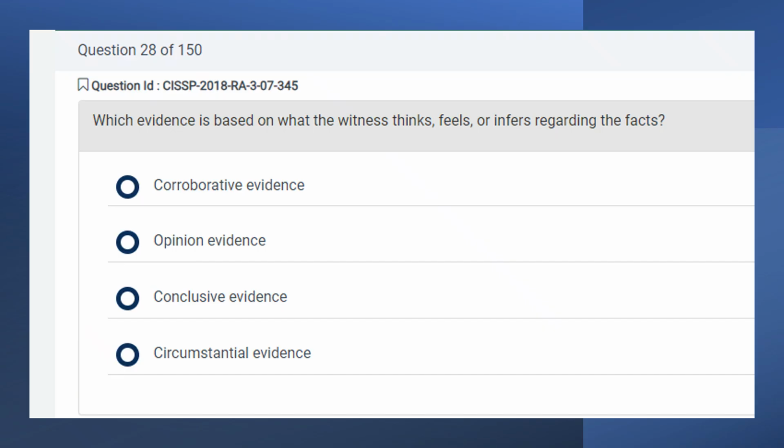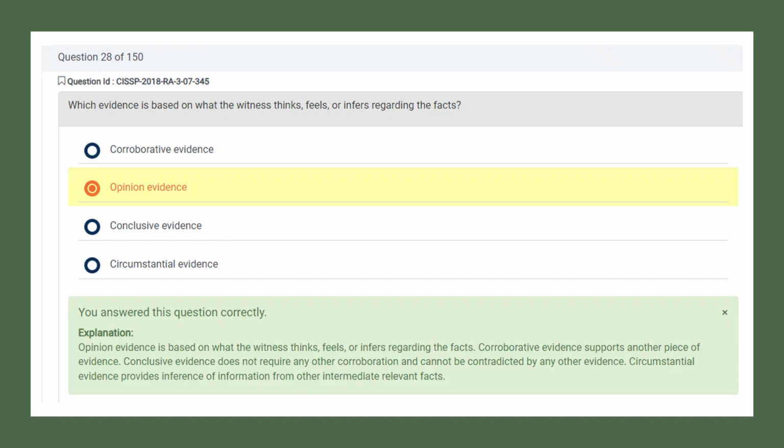Question 28. Which evidence is based on what the witness thinks, feels, or infers regarding the facts? Corroborative evidence, opinion evidence, conclusive evidence, or circumstantial evidence? Opinion evidence is based on what the witness thinks, feels, or infers regarding the facts.